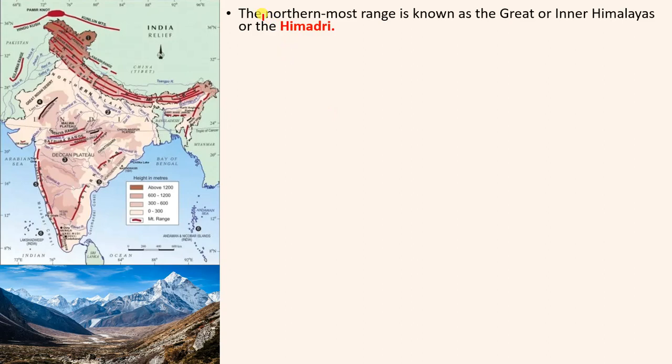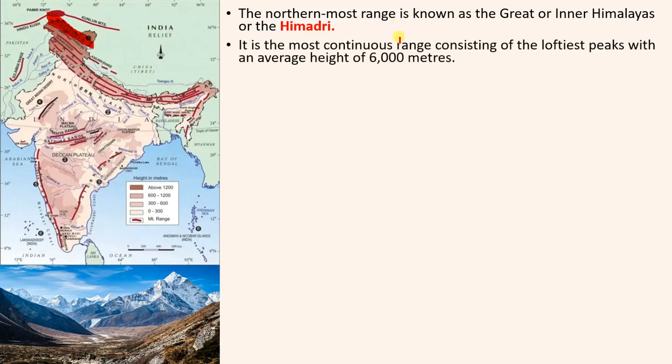The northernmost range is the Greater Himalaya or Inner Himalaya or the Himadri. This northernmost range is the Inner Himalaya or the Greater Himalaya, that is also known as Himadri. It is the most continuous range.